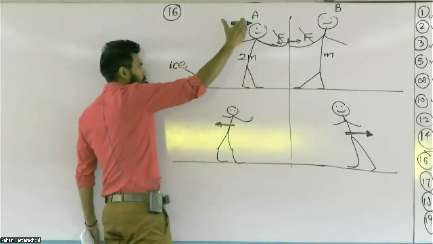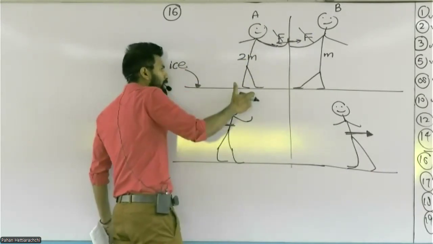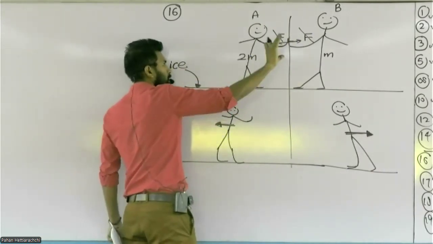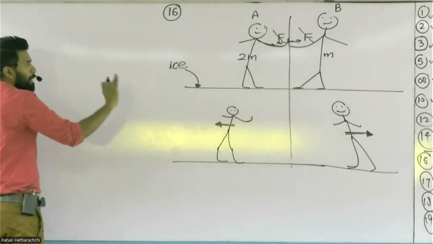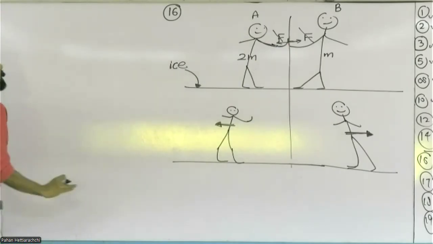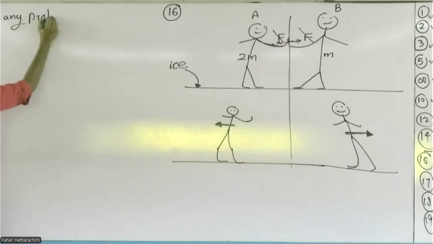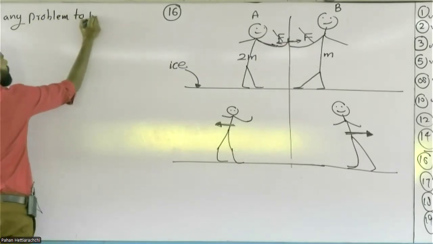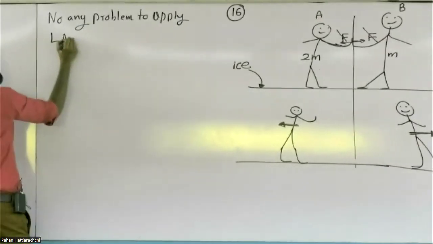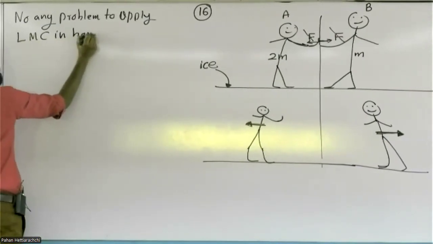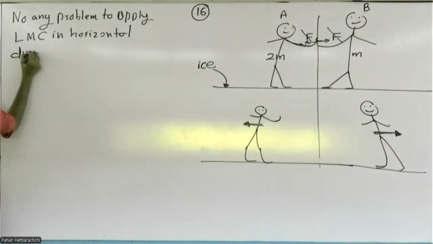The weight of the child is vertical, so horizontally LMC is applicable. There's no problem applying LMC in the horizontal direction.